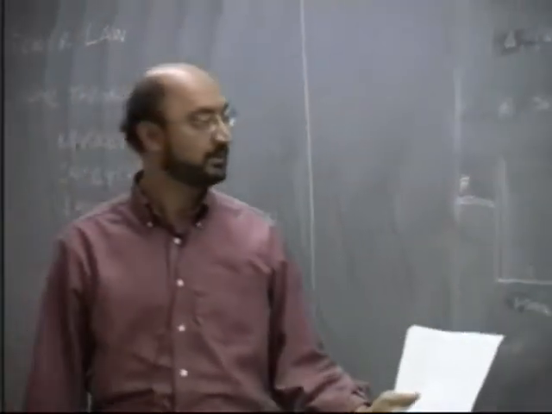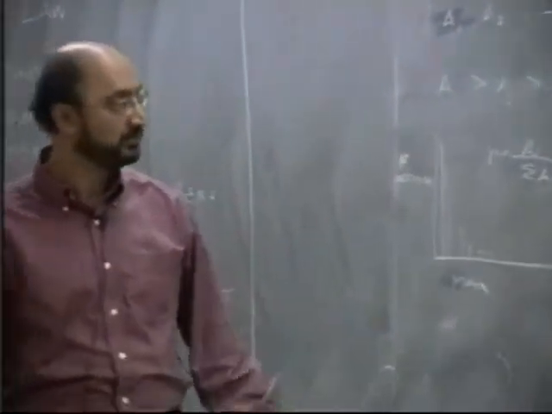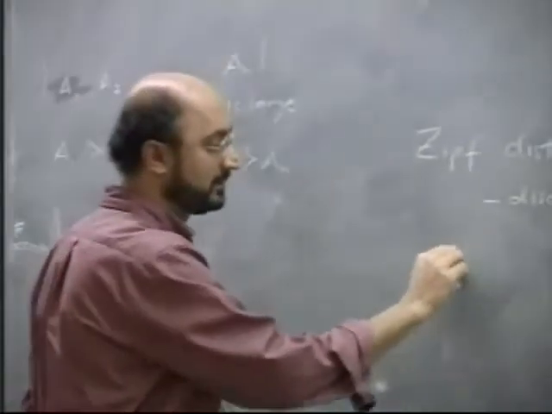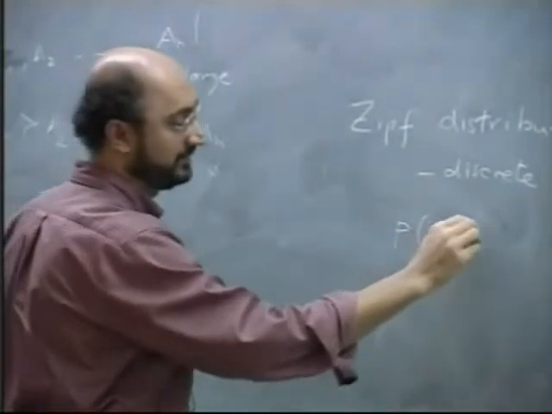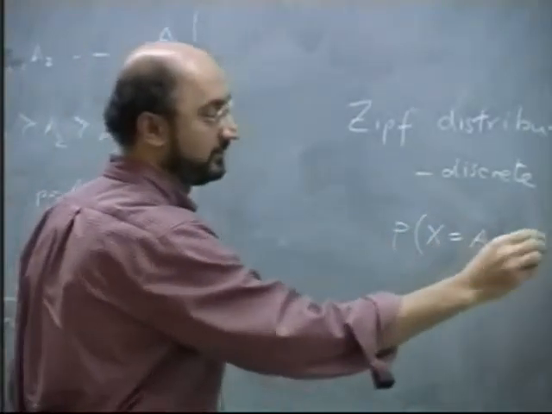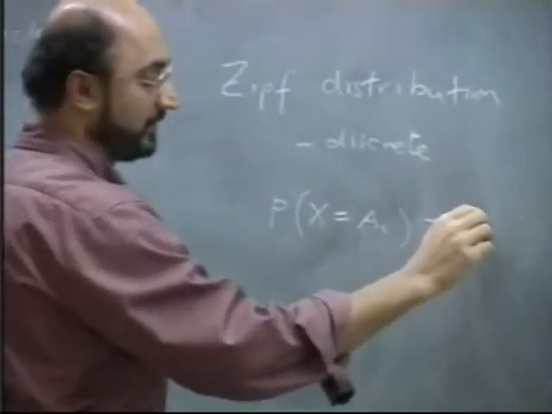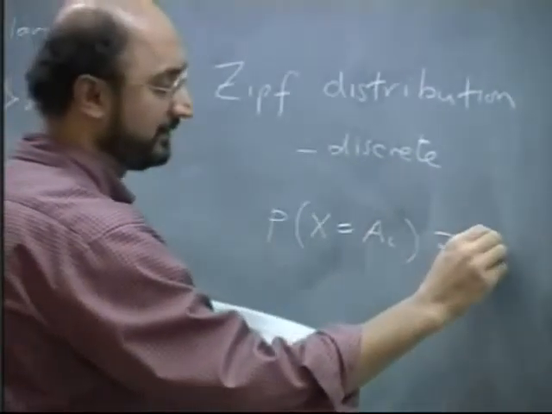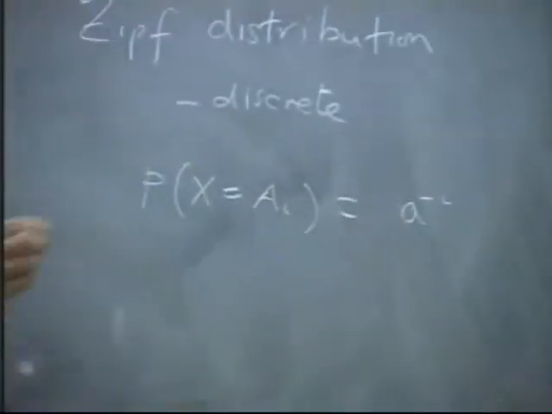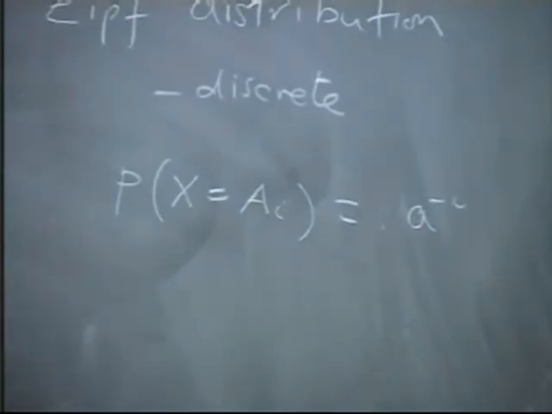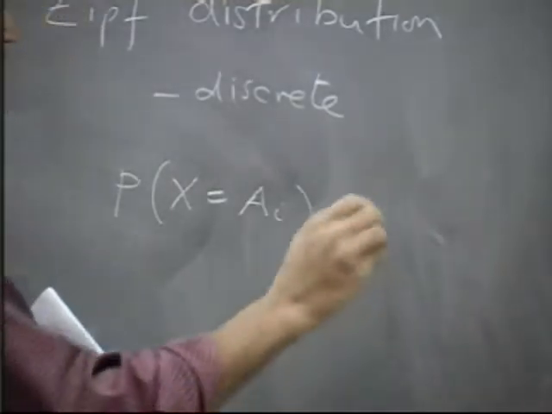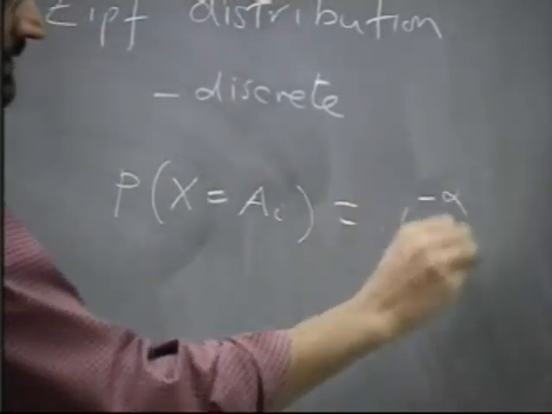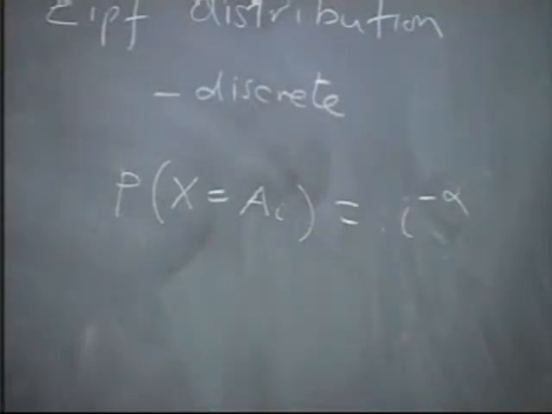And so we can say over here that we have a discrete probability distribution, and roughly speaking, P, the probability that the random variable takes the value A_i, is essentially something that looks like i to the minus alpha, where alpha is some parameter.